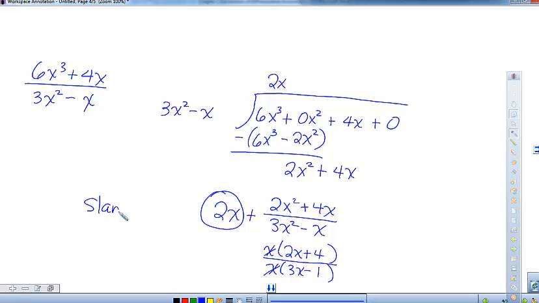So in general, the remainder, once we divide this thing, all of that goes towards 0. The piece that we get out is going to be our slant asymptote. So y equals 2x. Okay, let's take a look at that to see what it looks like on the graph.